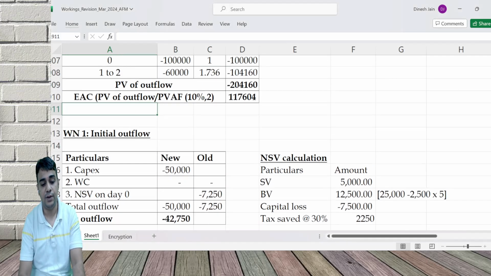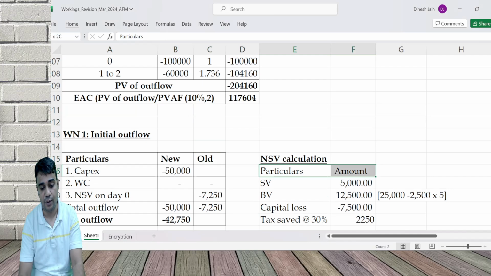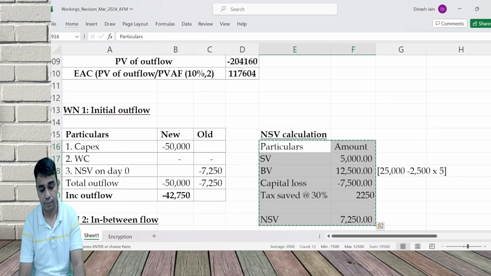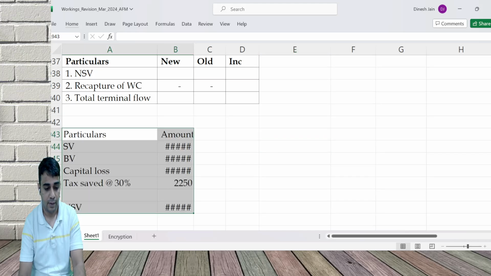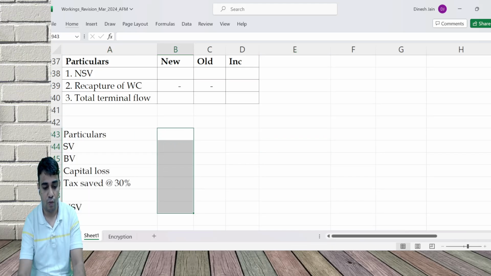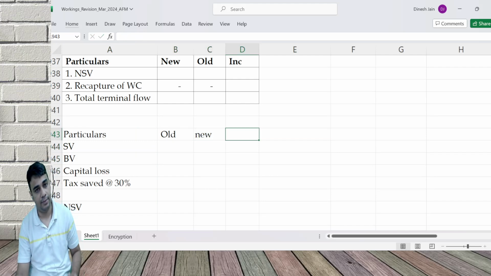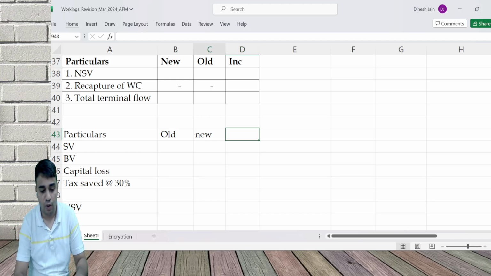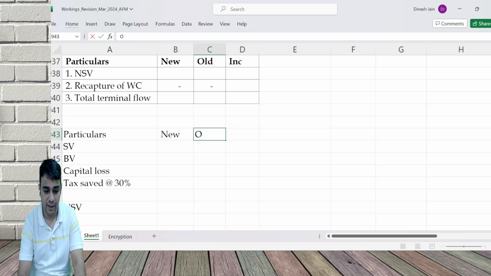For NSV, you will have to repeat this format: sale value, book value, and all. Particulars, new, old, and then I get incremental.